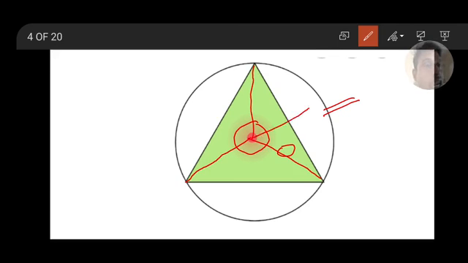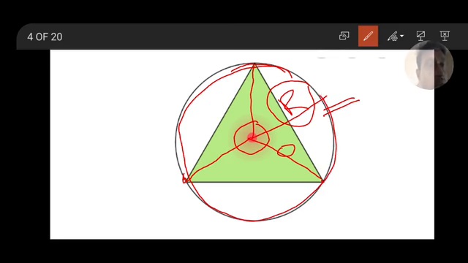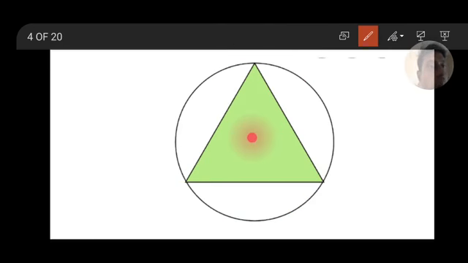This distance, or any such distance, is the circumradius, capital R. The circumcenter is denoted by capital O, and the circumradius is denoted by capital R.